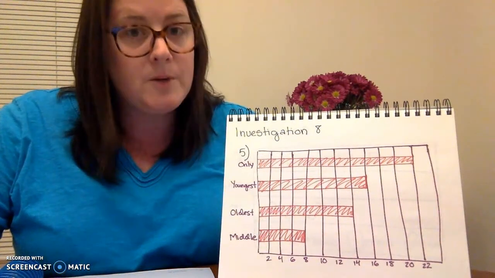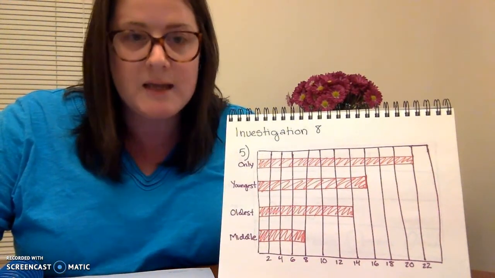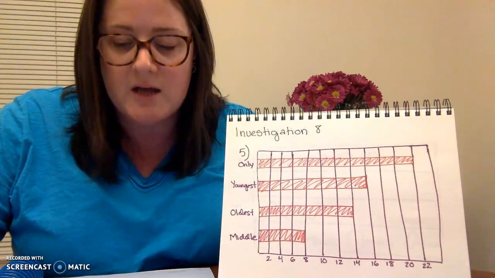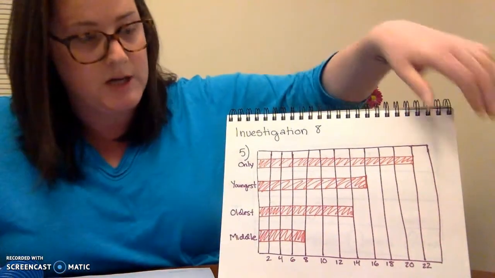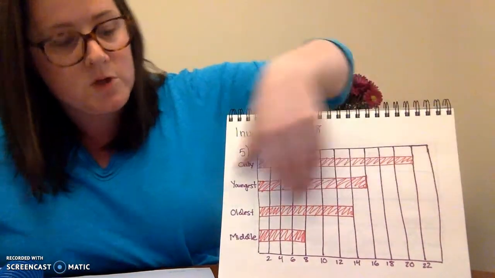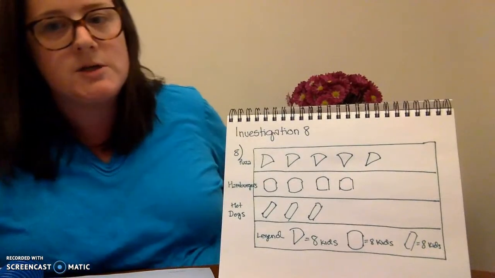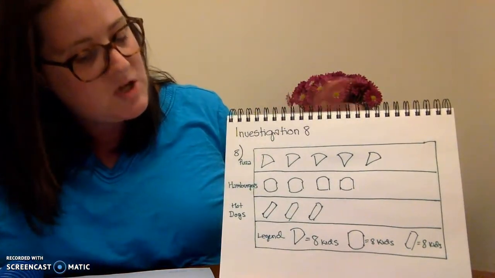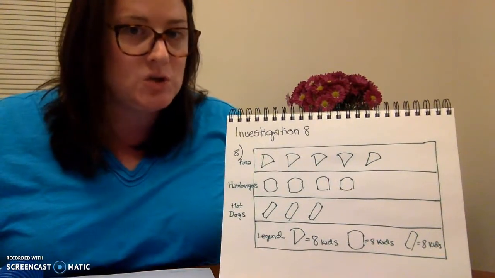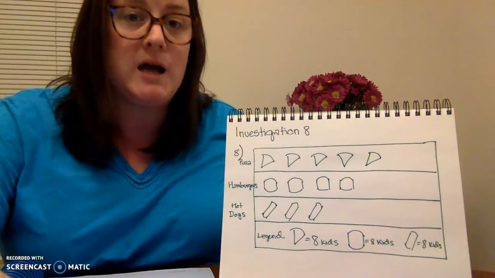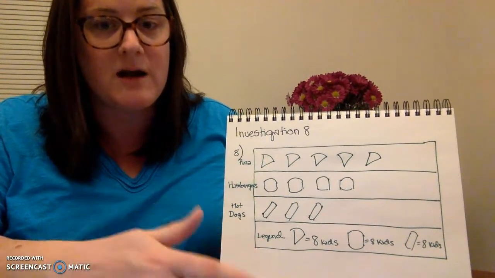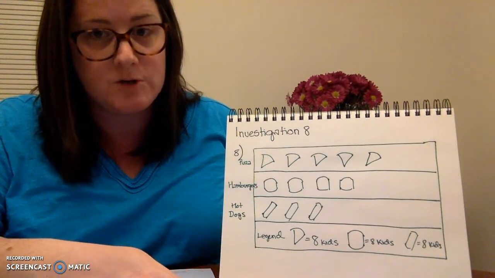Now, number 8. Draw a second pictograph for the food preferences in which each icon represents 8 children. So if we were to do that, what we would come up with is something that looks like this. If each icon represents 8 children, we need half as many icons as in our original pictograph, because in our original pictograph, each icon represented 4 children.